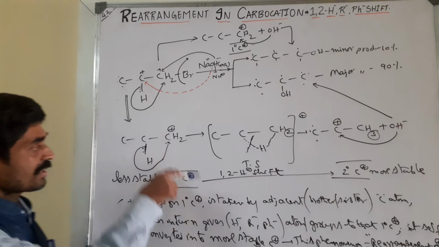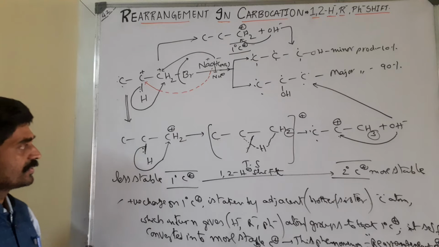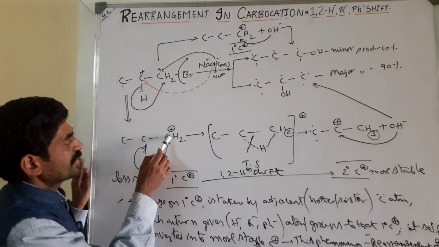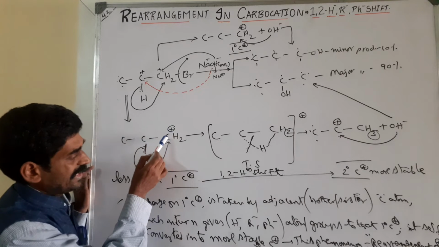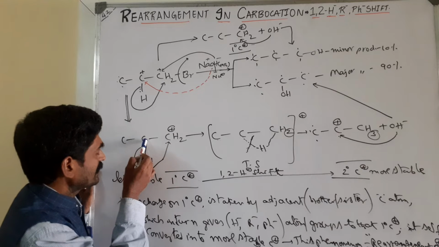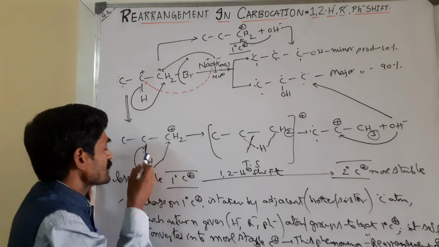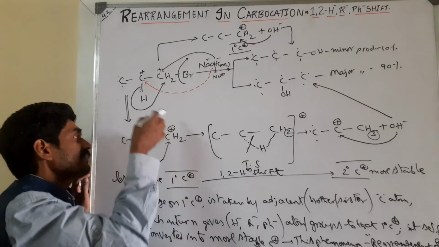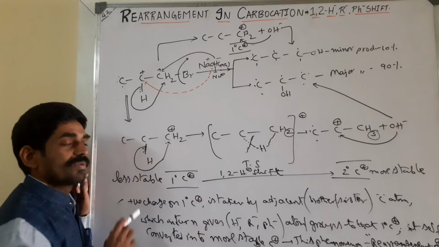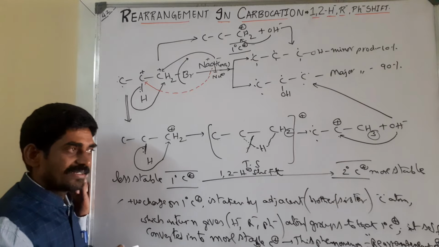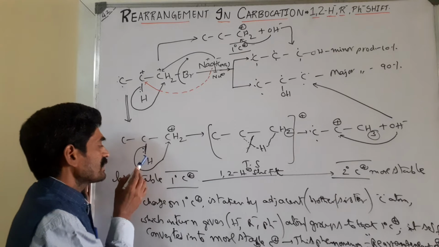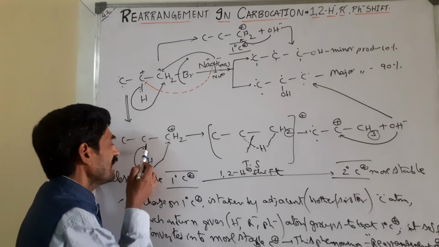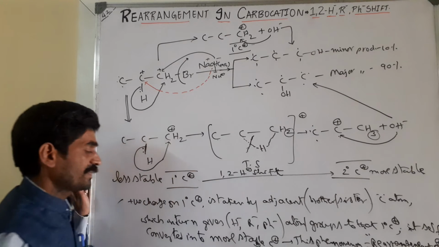Okay. So the concept is clear, right? Whenever the primary carbocation is unstable, the adjacent carbon atom gives its atoms or groups to that primary carbocation and itself is converted into a more stable carbocation, right? That means the hydride, that is the atoms or groups of atoms, are transferred; shifting takes place, right?